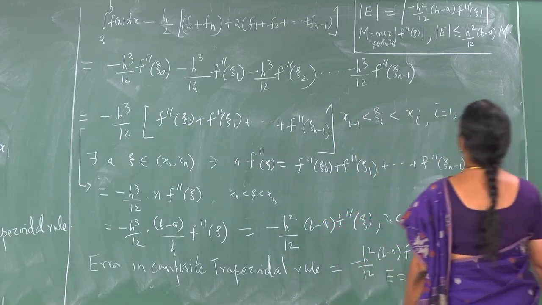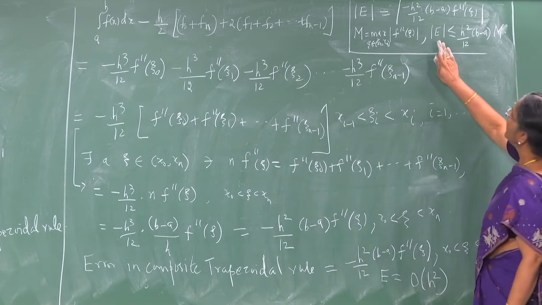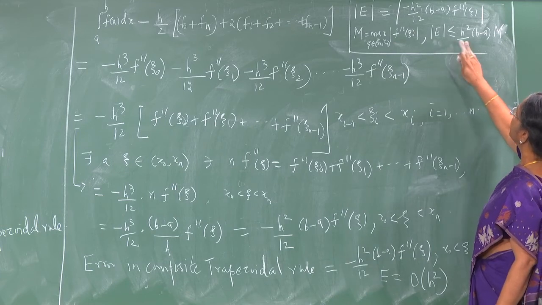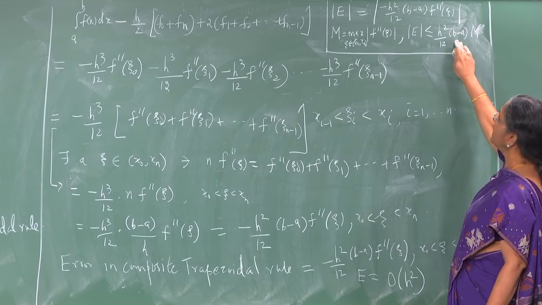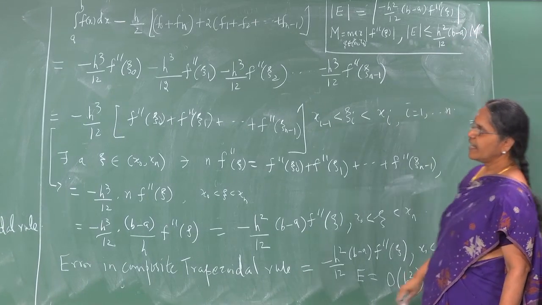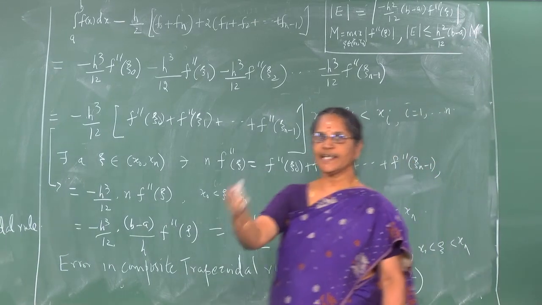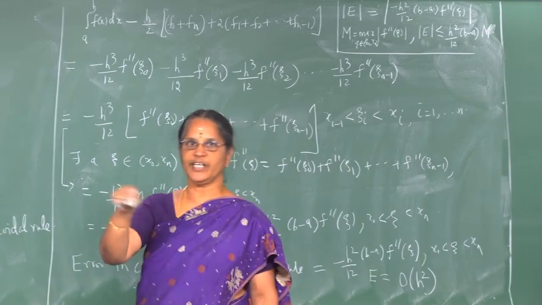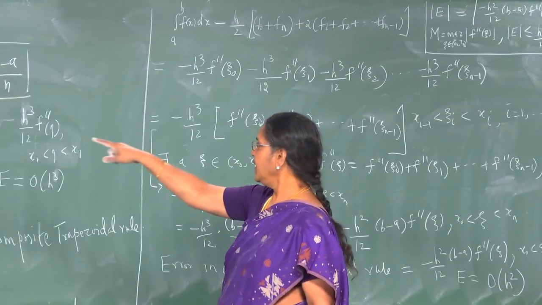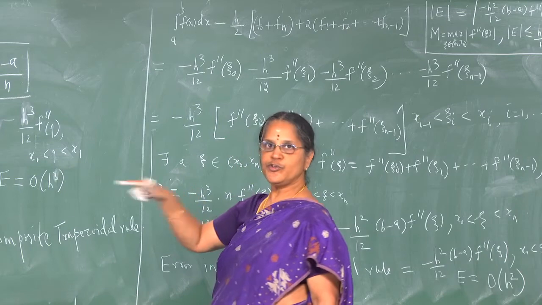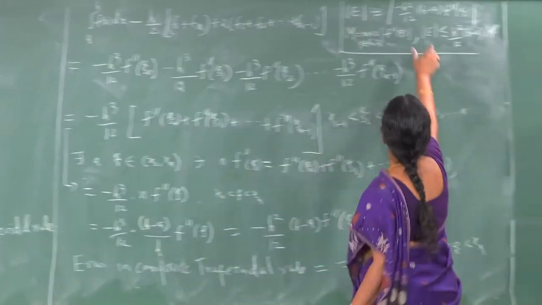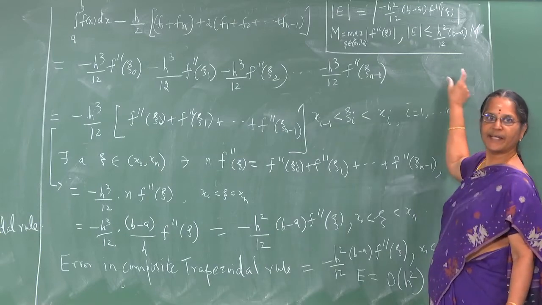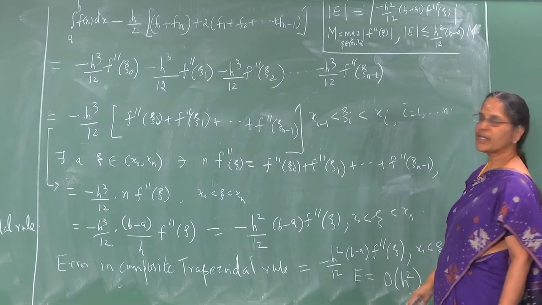So, I can get the bound in such a way that the error can be made as small as this. This gives me information as to how many subintervals into which I should divide the interval a b in order that my error should be less than some prescribed value.